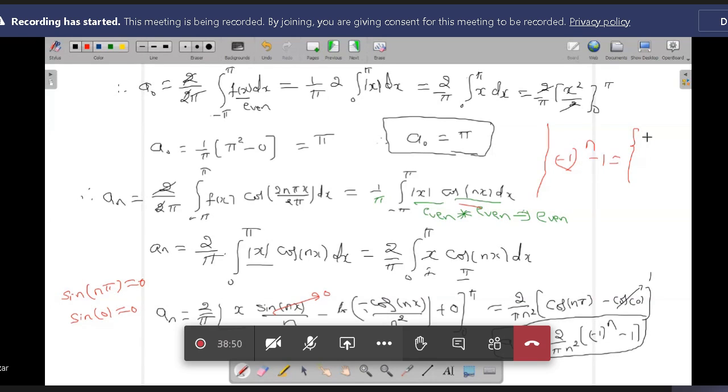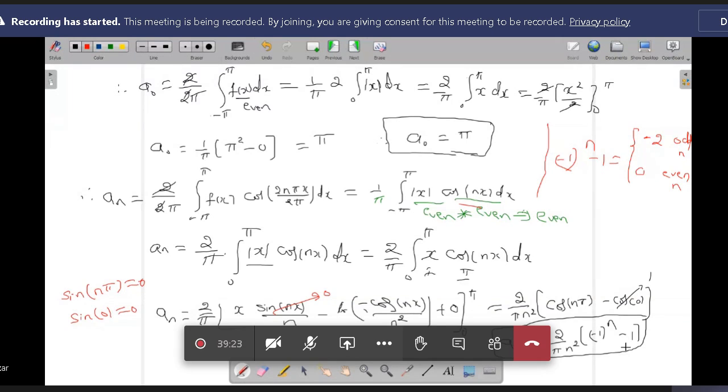So when n is odd, it is minus 2. When n is even, say n equal to 2, minus 1 power 2 is plus 1, and plus 1 minus 1 becomes 0. So this is for even n. So these are the terms we get. So finally I can write minus 4 divided by pi n square for n odd.